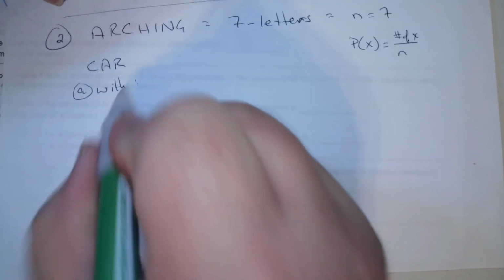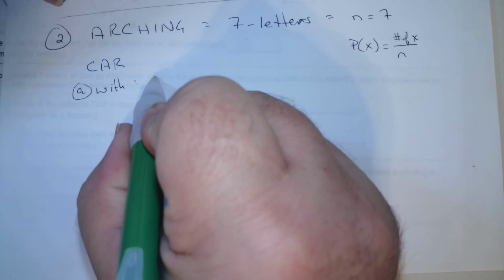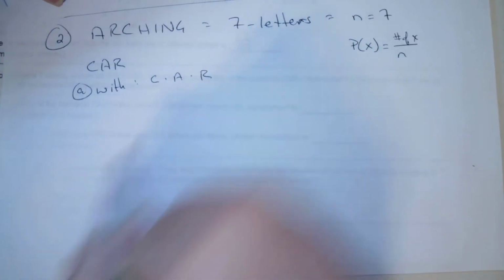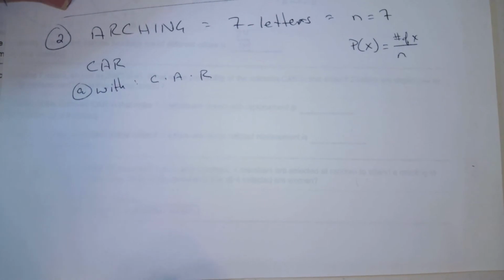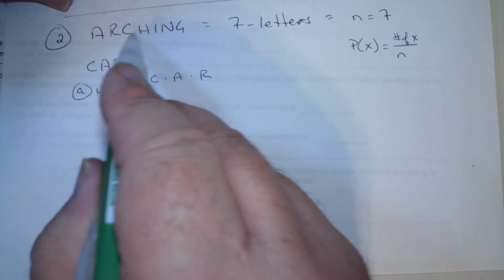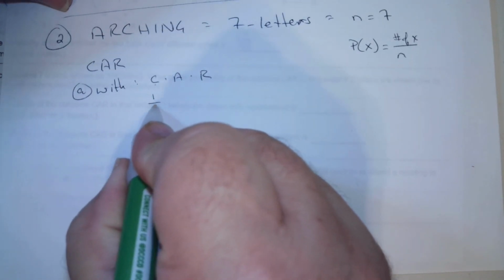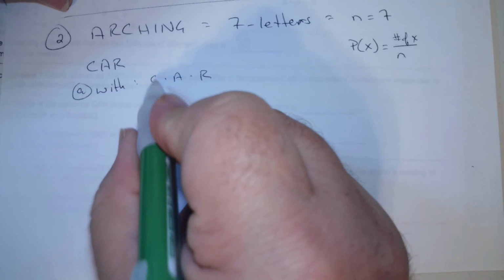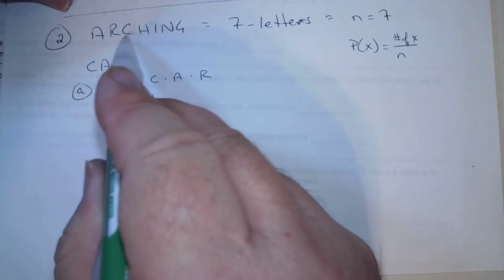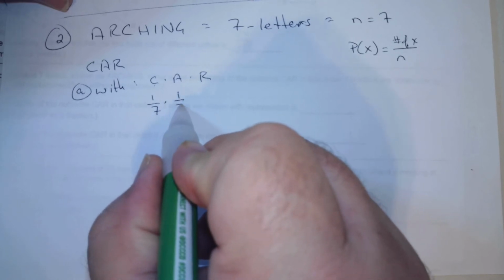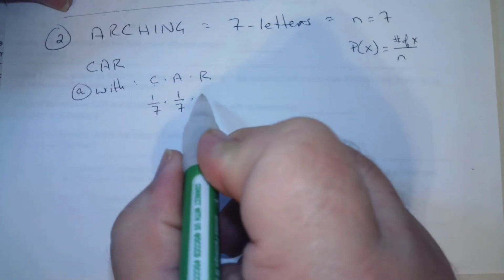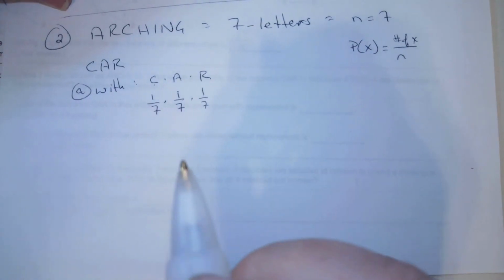Let's do the first one first. So the probability of getting all 3 of these letters, CAR. How many times does C occur in the word ARCHING? Once out of 7. We pick it, and we got a C, we put it back. How many times does A occur? Only once. Over 7. And R, also once out of 7.